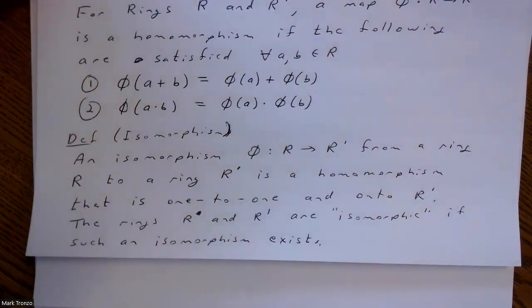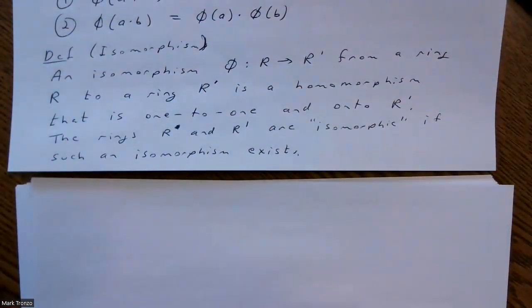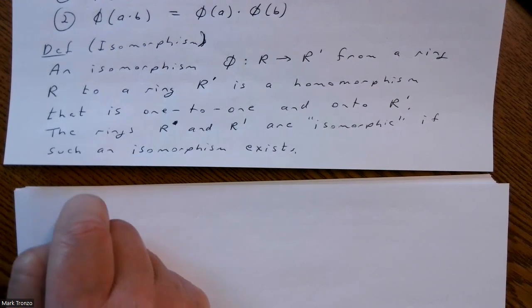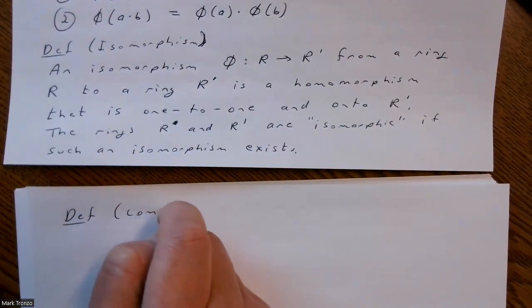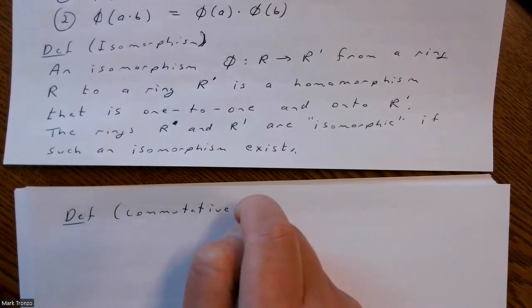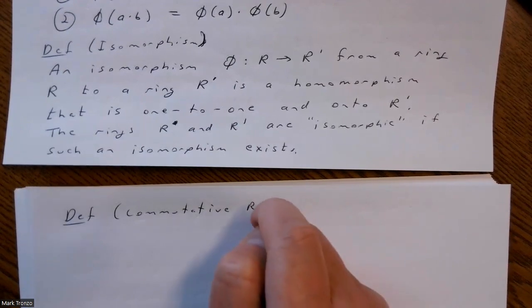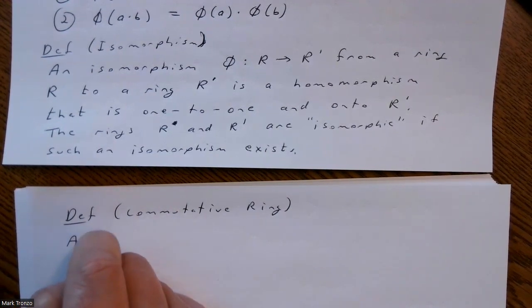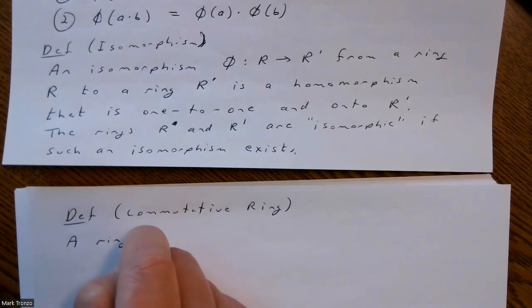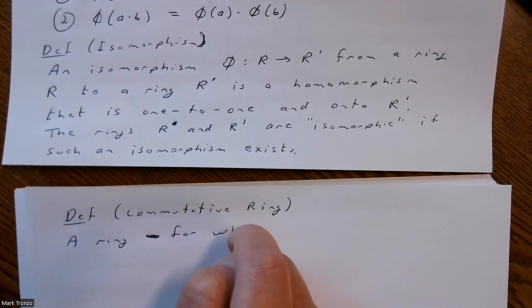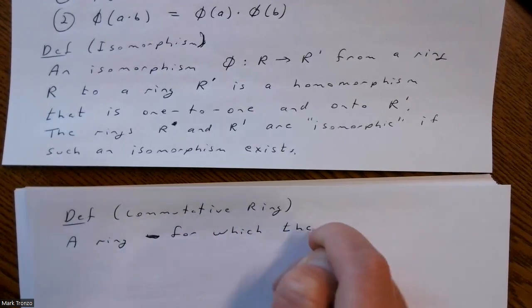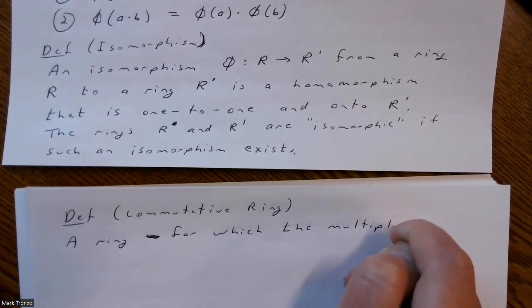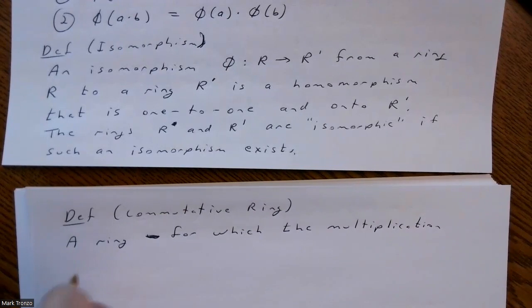So again, we have a ring. Another thing that we have is a commutative ring, and this is basically a ring for which the multiplication is commutative.